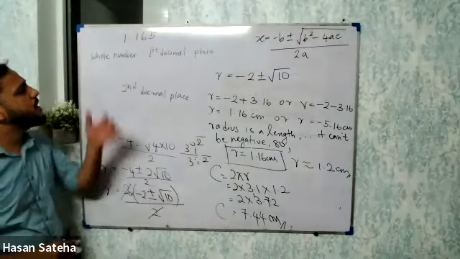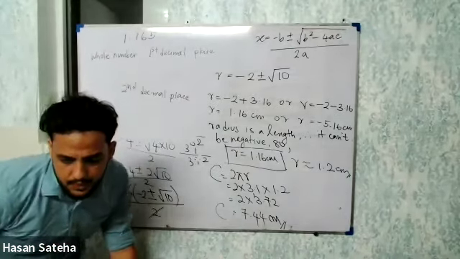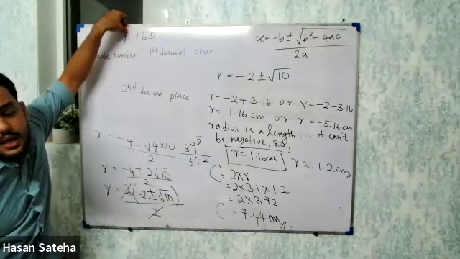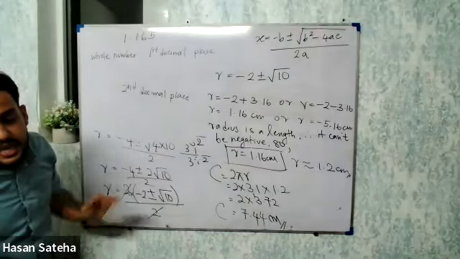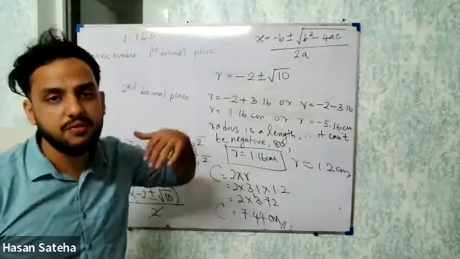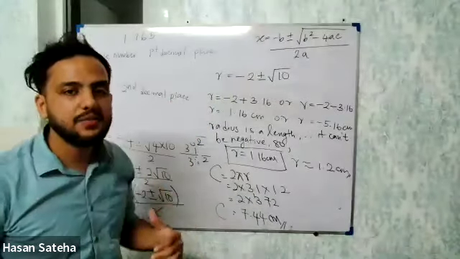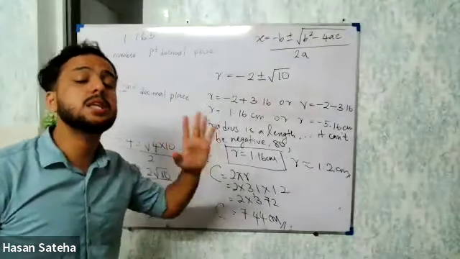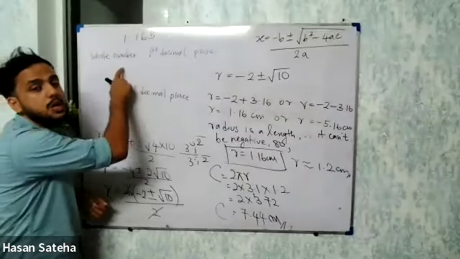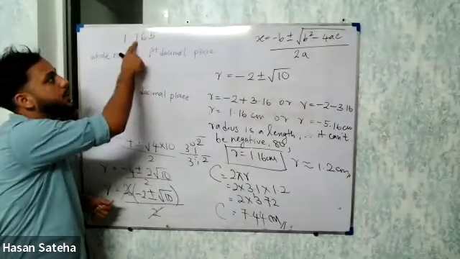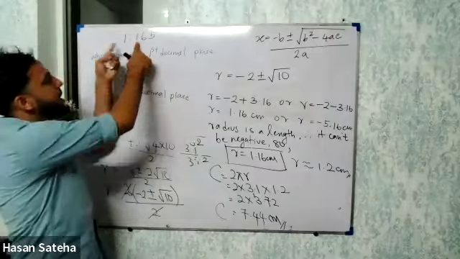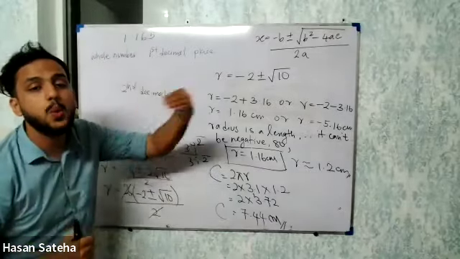So to round off to the nearest whole number, we go step by step, right? So this is your whole number. To round off to the nearest whole number, we look at the first decimal place. If the first decimal place is 5 or more than 5, then we increase the whole number by 1 point.